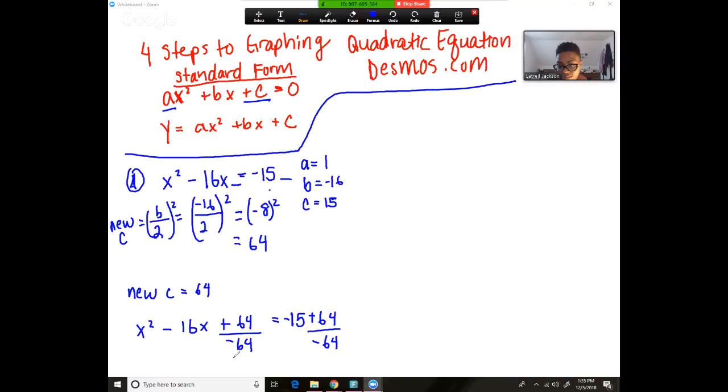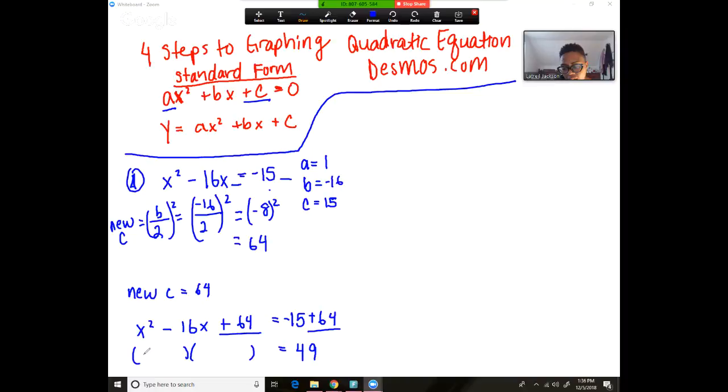Okay, so now what we can do, simplify this side. So 64 minus 15, and then we can factor the other side. The AC method, which is also factoring by grouping, and you can also just do the guess and check. So I'm going to use guess and check because it's kind of obvious.